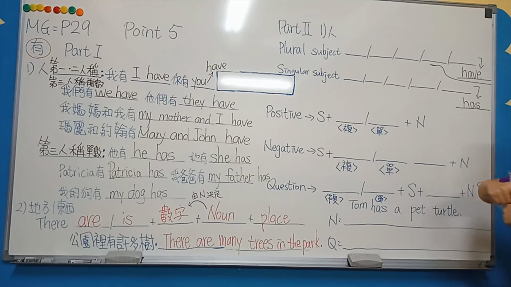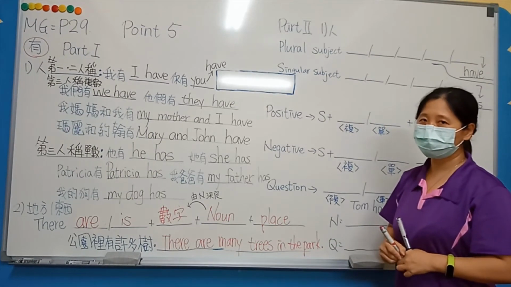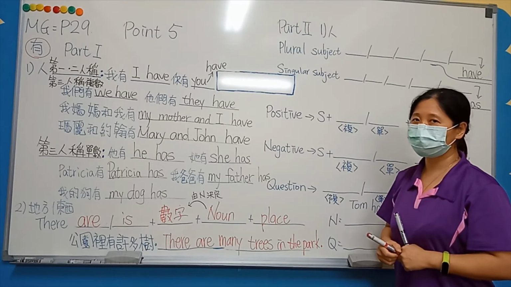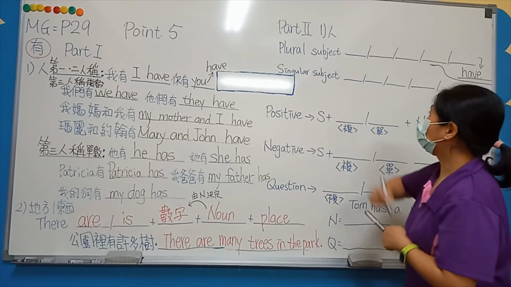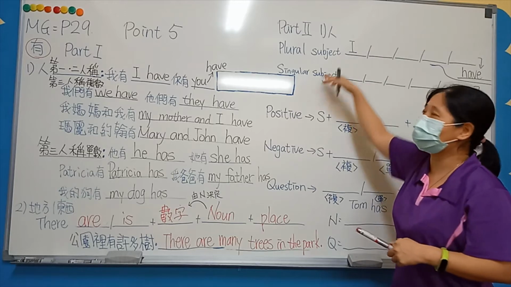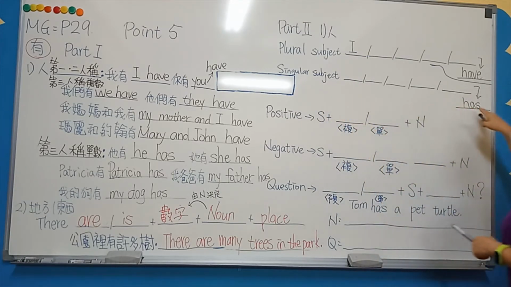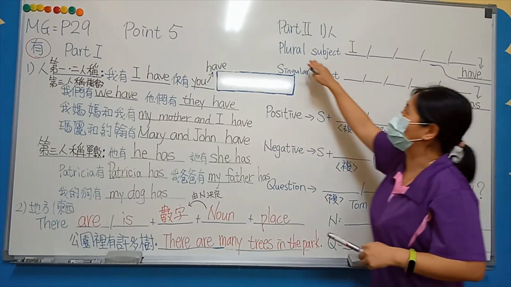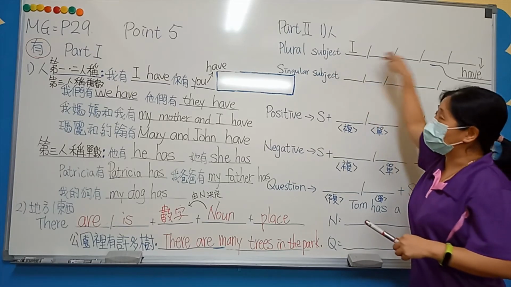So now can you tell me who will use have? Who will use have? Okay, here for sure is I. You say I, only one, count plural. Yes, we count I inside here. Because if you put down here, that means I, you can use has. Okay, we just put down I for plural subject together with them.